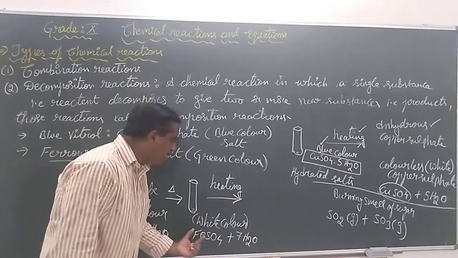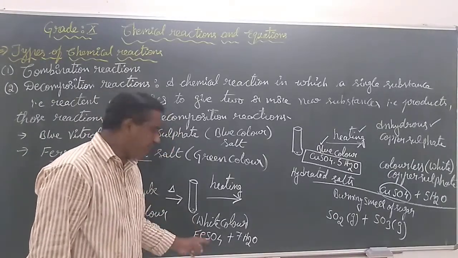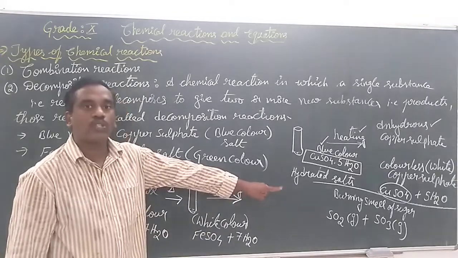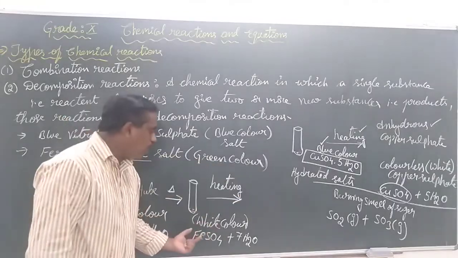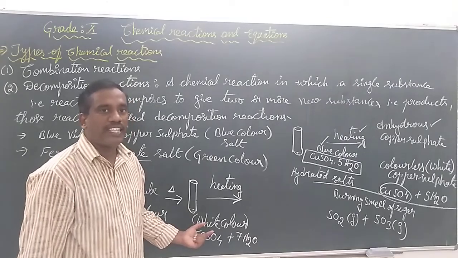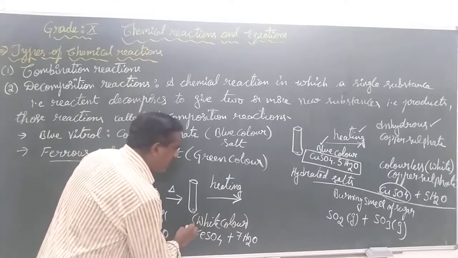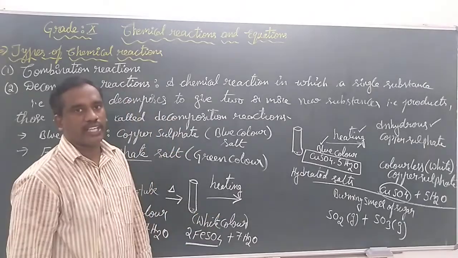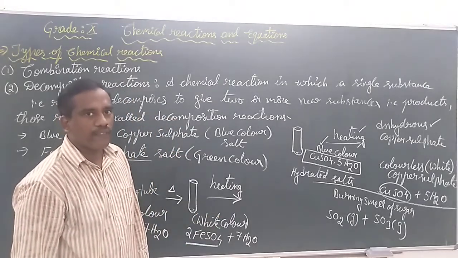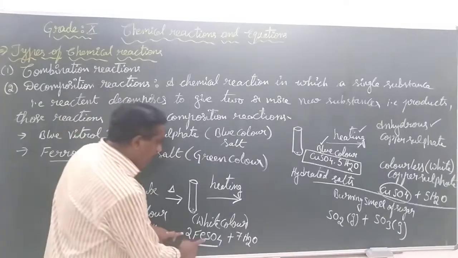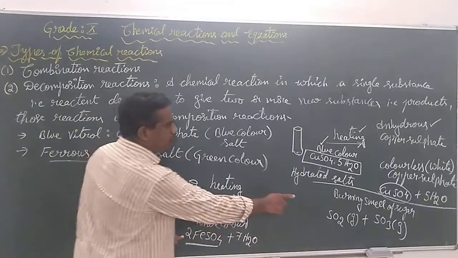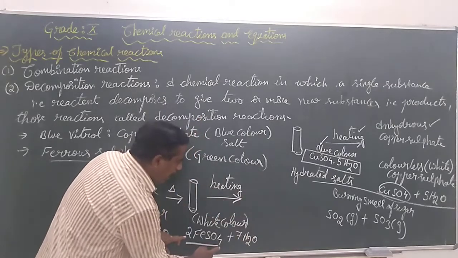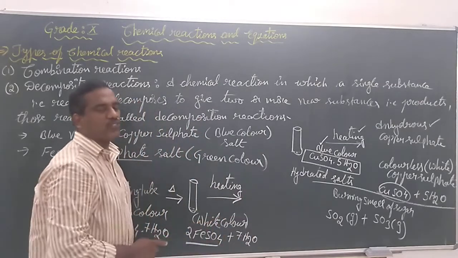In our formula, we have only one sulfur in the reactant, but in the products we got two sulfurs. So we want to balance our equation. Let us take the reactant as 2FeSO4. Out of two sulfurs, one sulfur is in SO2, another sulfur is in SO3. 4 twos are 8 oxygens we had.